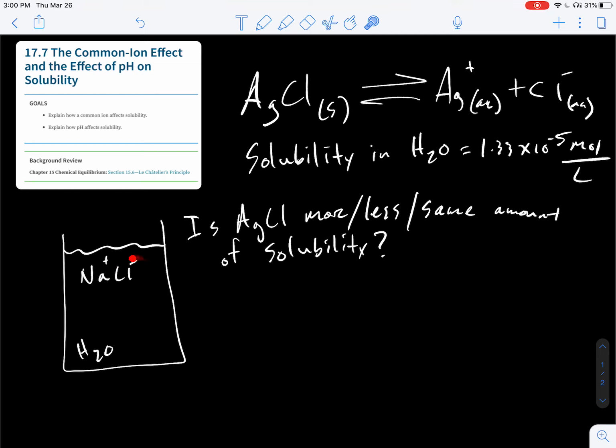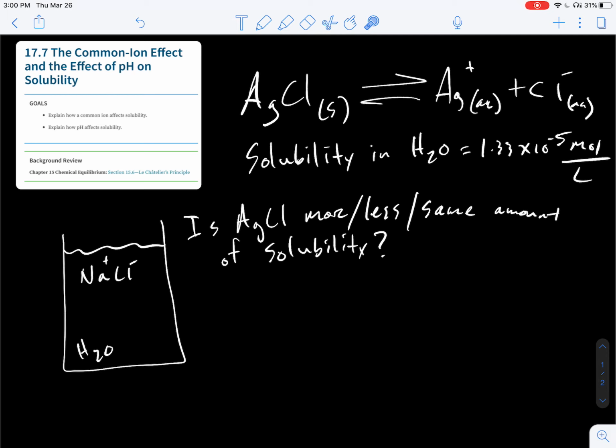So if there's a common ion between this solution and this equilibrium, then we have to consider Le Chatelier's principle. Le Chatelier's principle tells us that if I add something on this side, it will push it to the left. If I add chloride to this equilibrium, it should push it back to solid.